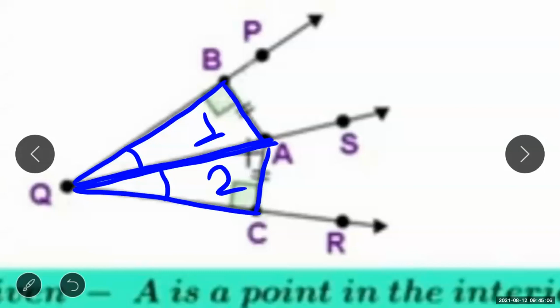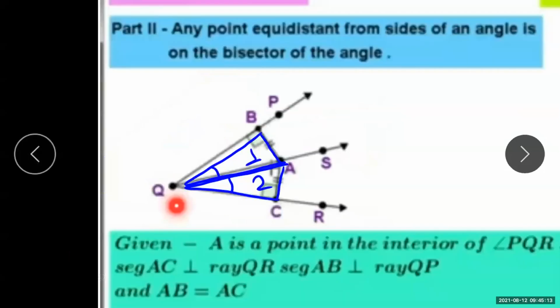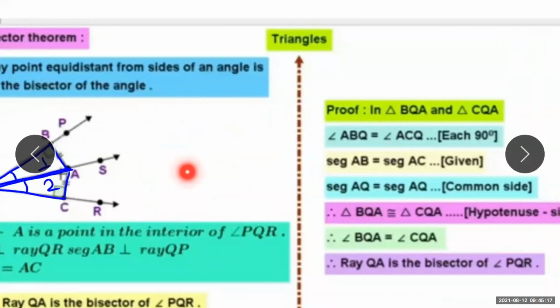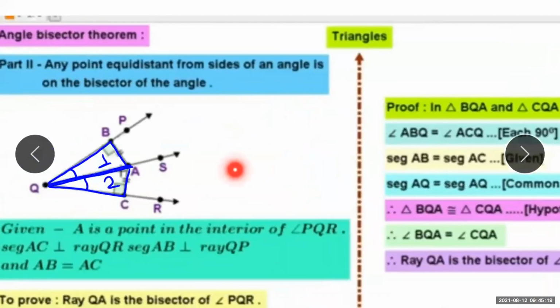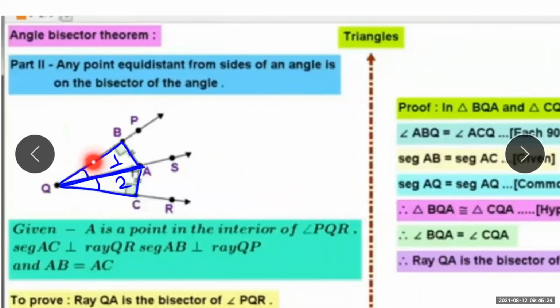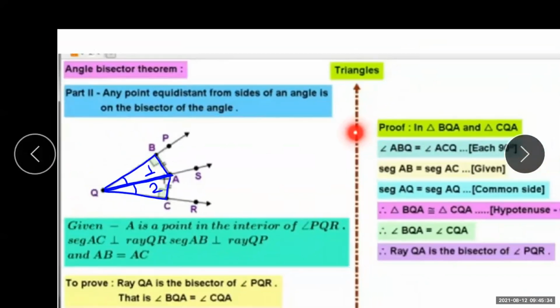The names of the triangles will be triangle BQA and triangle CQA. Here, this is triangle BQA, and this is triangle CQA, another triangle. Now in these two triangles, what can we write here?